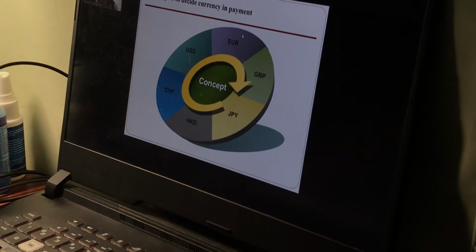We use hard currencies because hard currency will be safe for parties, because normally the exchange rate between hard currency and hard currency, or between hard currency and other currency, doesn't change too much.